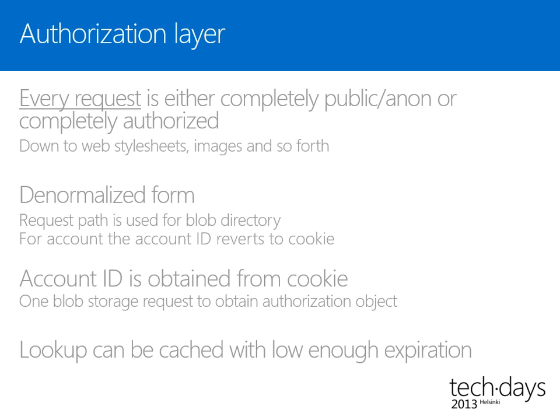Account ID is obtained from the cookie because we store it there through the encryption. We could have a denormalized lookup there, but right now we store it in a way that we can retrieve it from the authentication cookie.